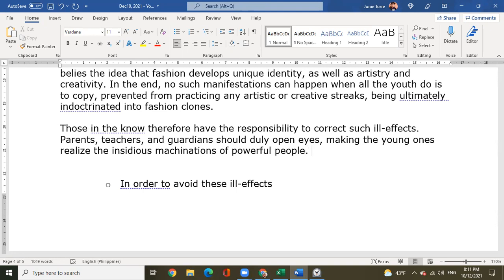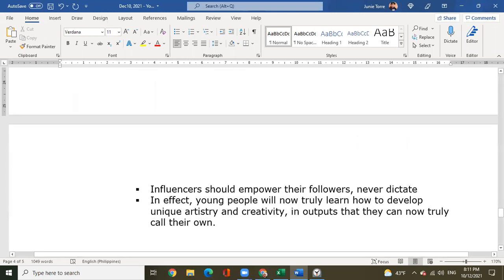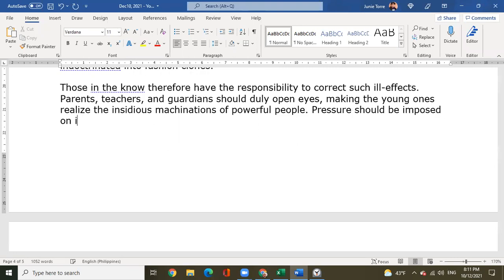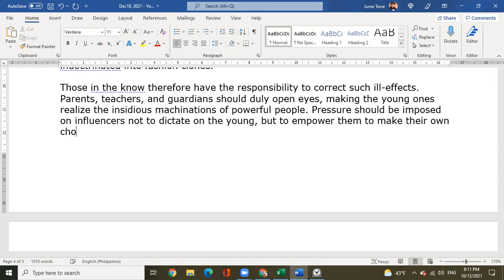They're insidious. Then pressure should be imposed on influencers, not to dictate on the young ones, but to empower them to make their own choices. There.